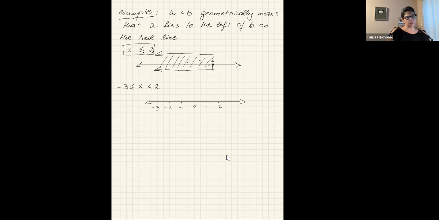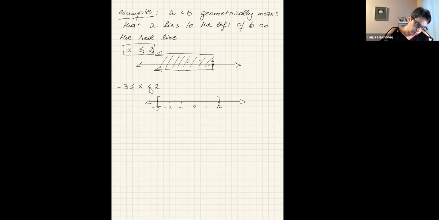So we're talking about all numbers that are greater than or equal to -3, which means that they all lie to the right of -3, -3 being included, and all numbers that lie to the left of 2.